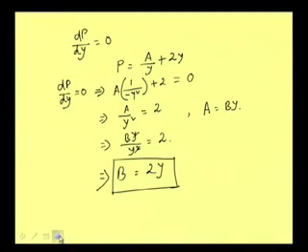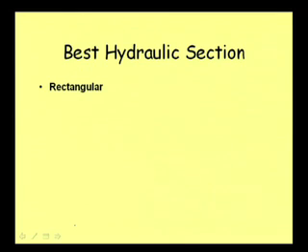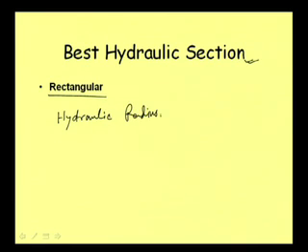And then, the most economic section is also called the best hydraulic section. For the rectangular section, now we can see what the value of hydraulic radius is, because we require the hydraulic radius for calculating the discharge.